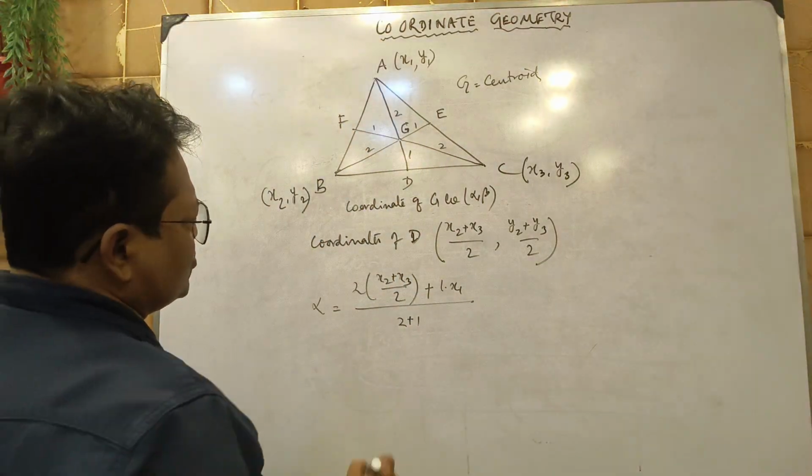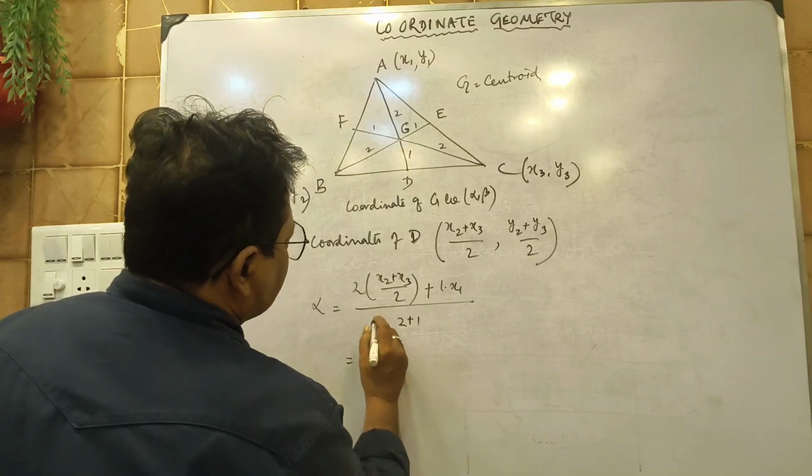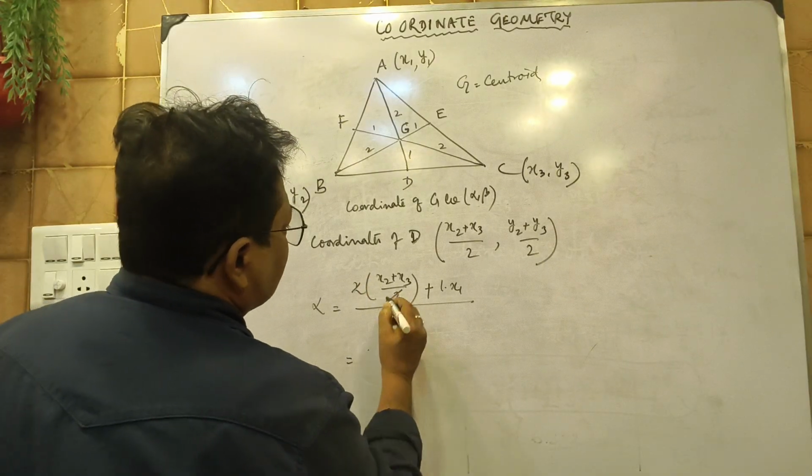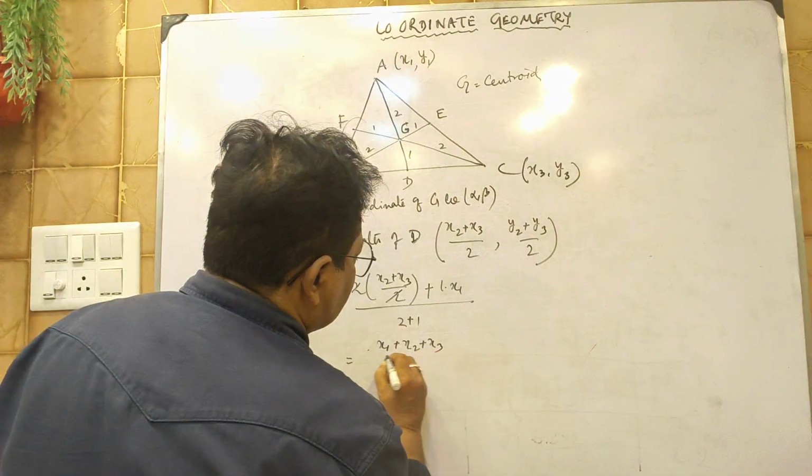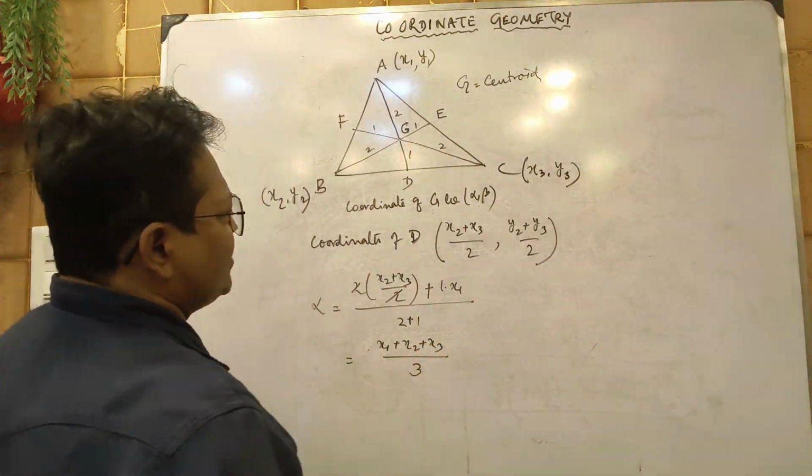In this way the 2 cancels out, so it is x1 plus x2 plus x3 divided by 3. Similarly, we can get beta.